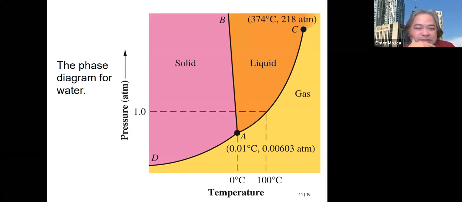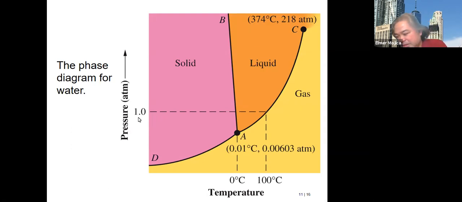Okay, and we said that usually those that have lower intermolecular forces of attraction tend to go to the gas phase in a much easier fashion compared to the one that has the stronger IMFA.